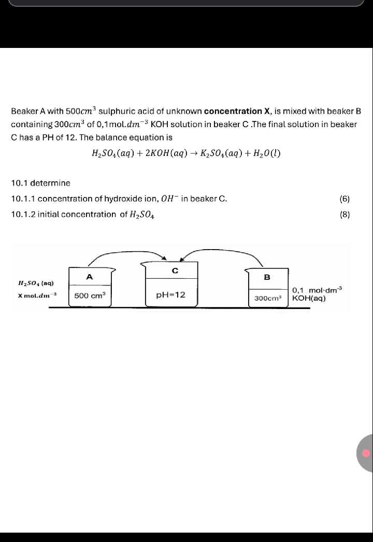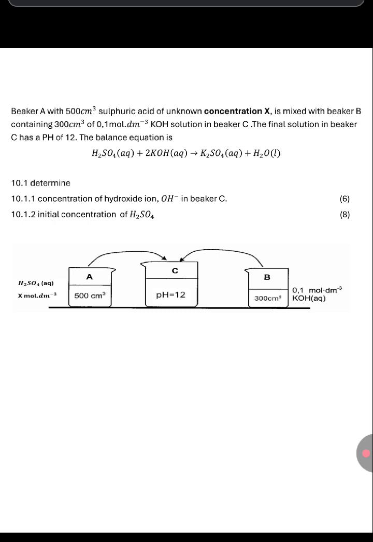As we read, in beaker A we have got our acid, and for our acid we don't know the concentration. Then in beaker B, we have got our base, and we know information about the base. All right, they mix them together, and then we get our pH.